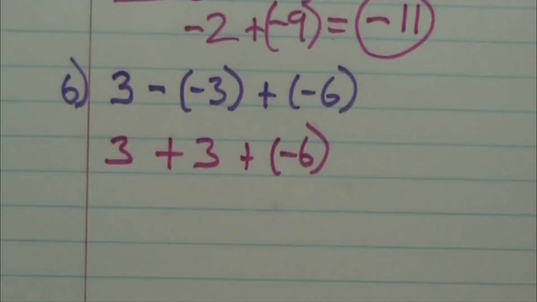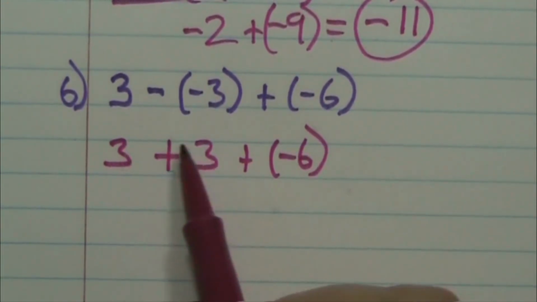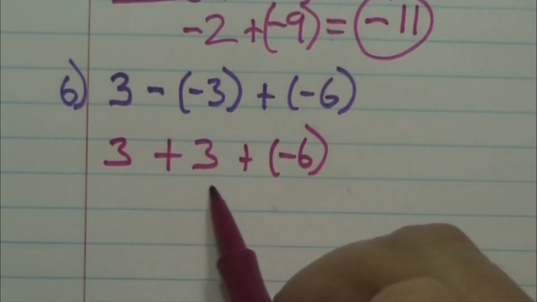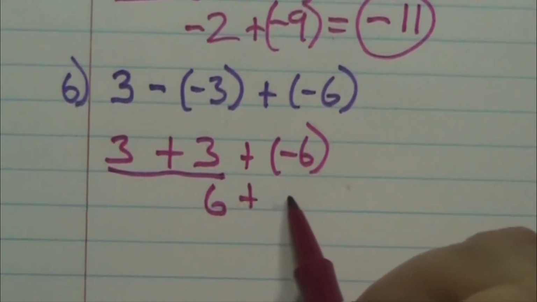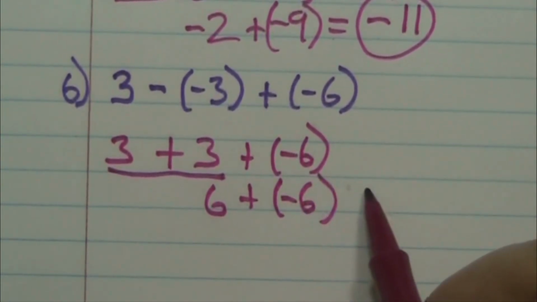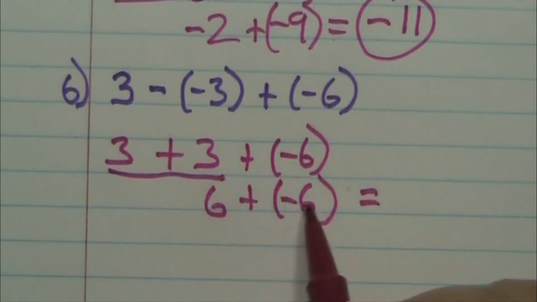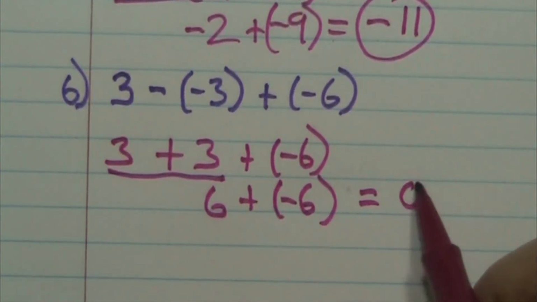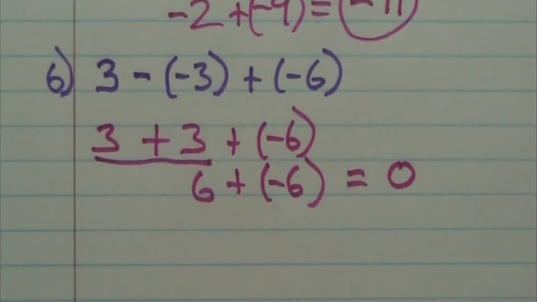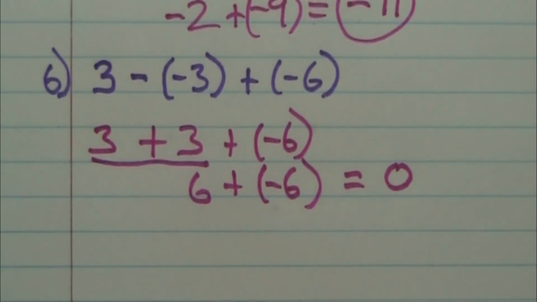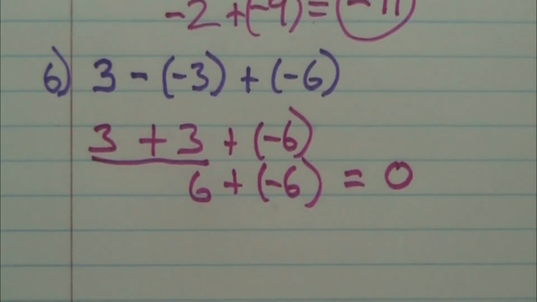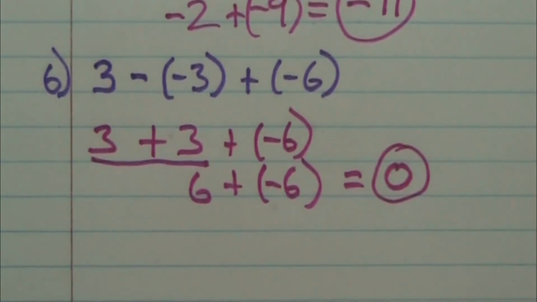So hopefully you can see the answer. 3 and 3, that's just 6 positives. And now you have 6 negatives. 6 positives, 6 negatives. 0. Now if I circle that, that's a donut.